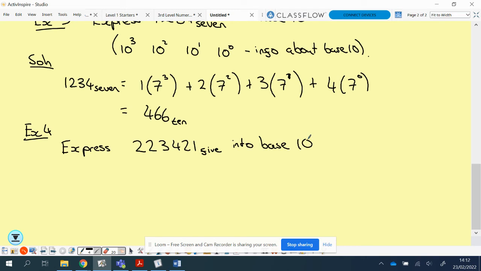Okay, so solution. We're dealing in powers of 5 now. So therefore the 1 will be hit with 5 to the power 0. The 2 before the 1 would be hitting a 5 to the power 1. So therefore what that means is that first 2 that we write down is actually going to be hitting 5 to the power 5.